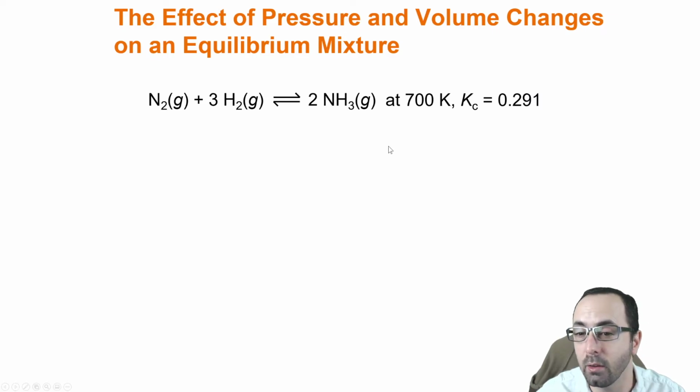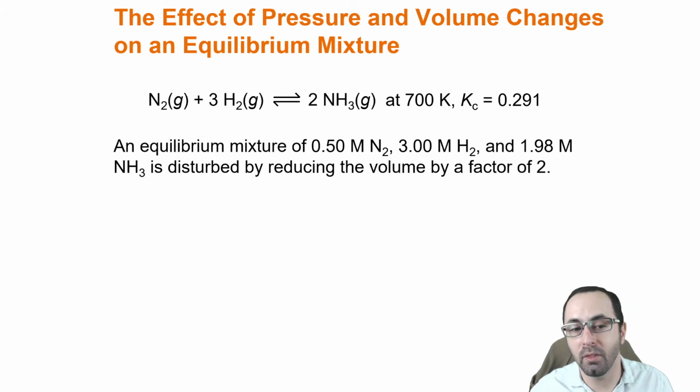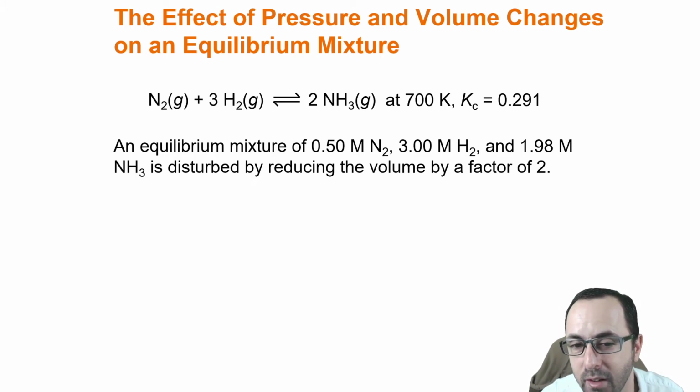And so again, we can do this same type of thing with Q. Okay, so let's say we've got an equilibrium mixture here. It's 0.5 molar N2, 3 molar H2, 1.898 molar NH3. And we reduce the volume by a factor of 2. So if we reduce the volume by a factor of 2, what we're doing essentially is we're increasing the concentrations by a factor of 2.